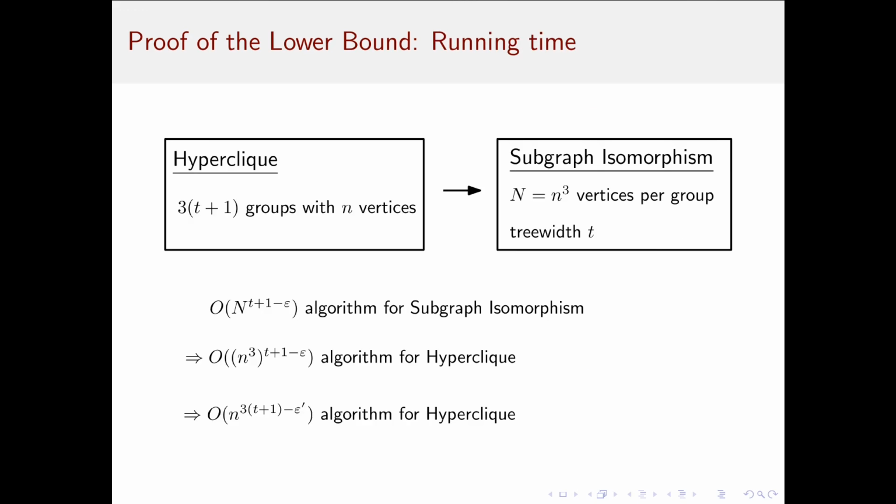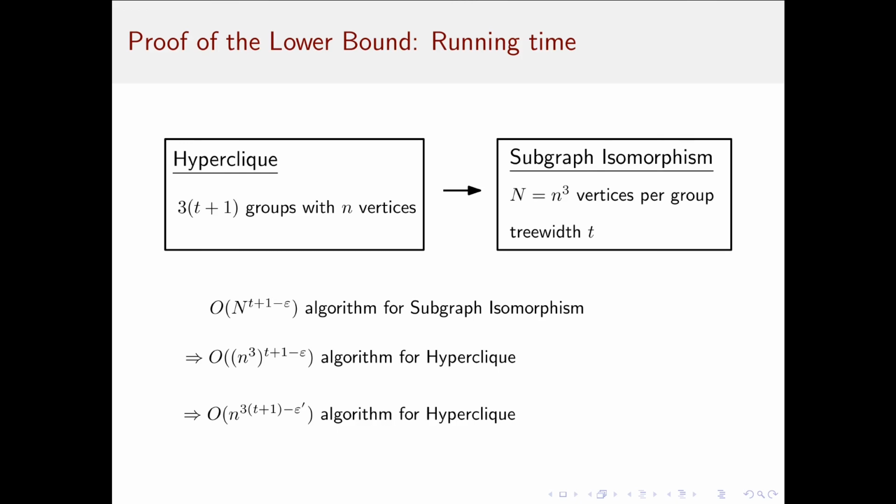So all that remains to show is that this reduction implies that there cannot be an order of n to the t plus 1 minus epsilon algorithm for subgraph isomorphism for pattern graphs bounded by Treewidth t. And we're gonna show that now.